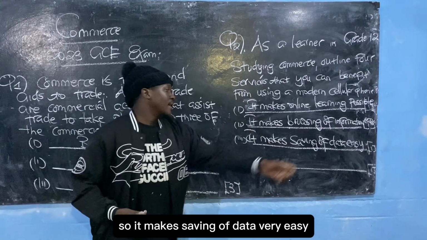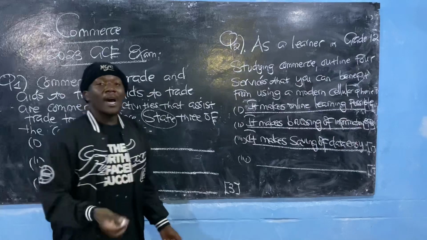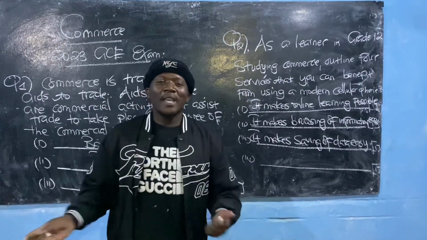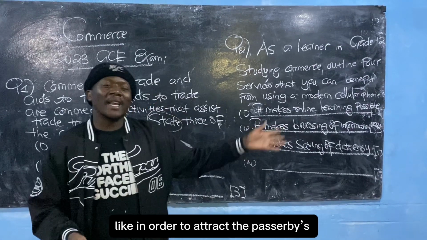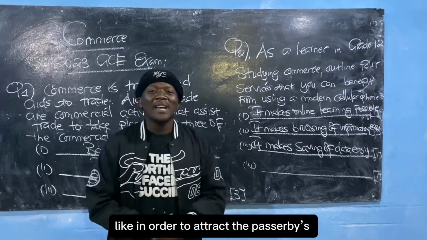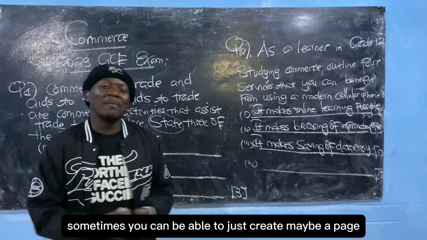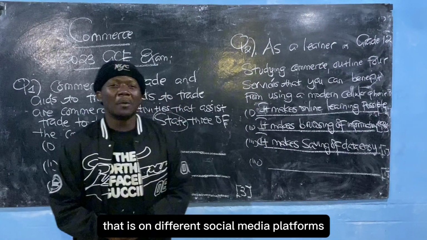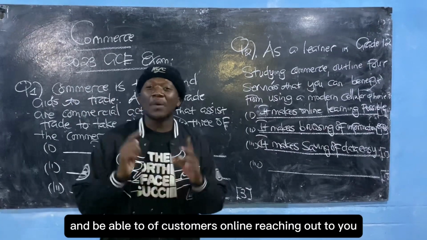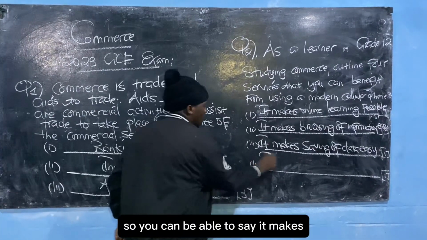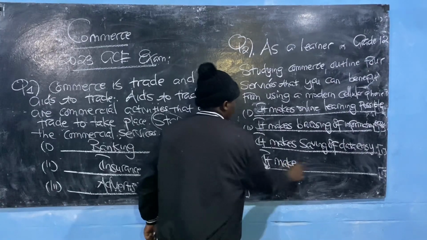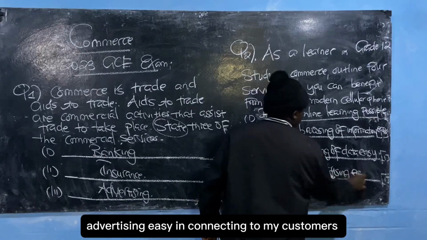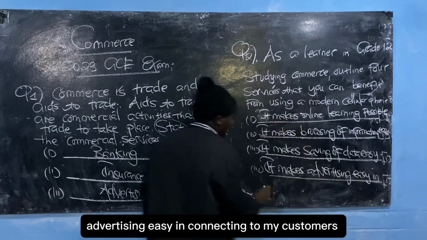So it makes saving of data very easy, and it also contributes to easy advertisement. Instead of depending on a mic to attract passersby, you can create a page or an account on different social media platforms and have customers online reaching out to you. So you can say it makes advertising easy in connecting to customers.